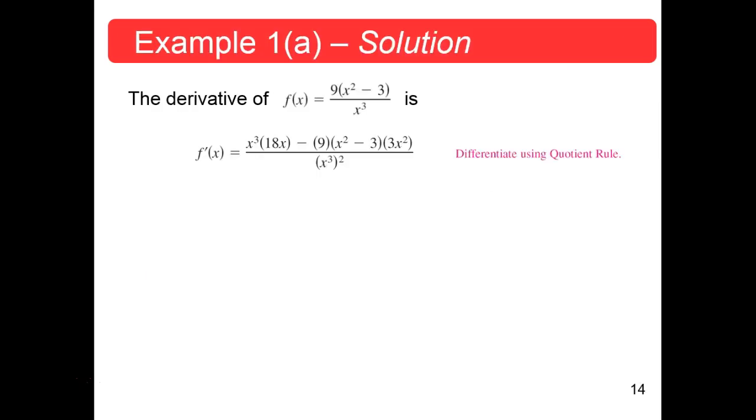Let's see how they did it. Derivative of the first one, as we did. They did a quotient rule. Okay? They did low, d high, minus high, d low, over low squared.